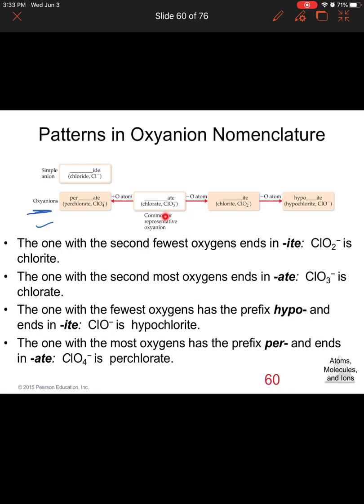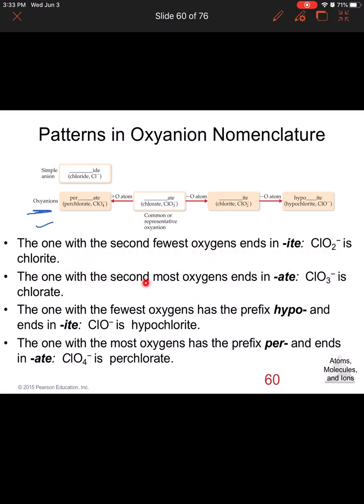Starting from here, this is chlorate, the common or representative oxyanion, ClO3 minus. If you have one more oxygen, you put the prefix per: perchlorate. One less oxygen is chlorite, and another oxygen less is hypochlorite. The one with the second fewest oxygens ends in ite, ClO2 minus, chlorite.